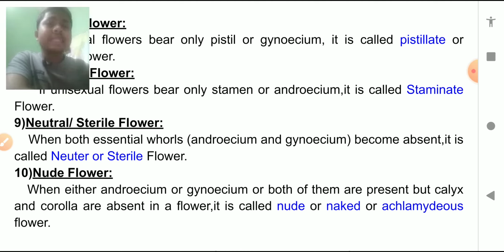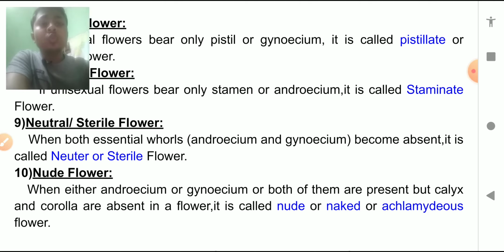When both essential whorls, androecium and gynoecium, become absent in a single flower, it is called neuter or sterile flower. Sterile means it is unable to fertilize. So that's the reason it is called neuter flower or sterile flower.